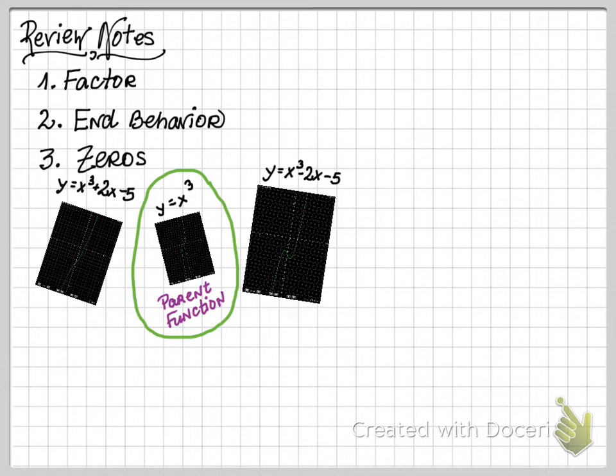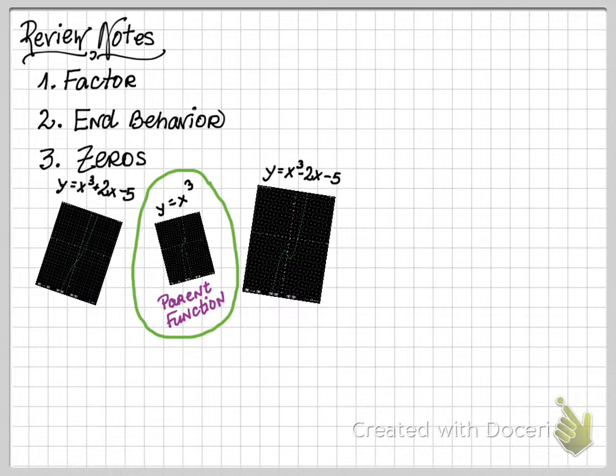No matter what kind of cubic function you have, if the very first term, the one with the largest degree, which is cubed, is positive, then you will have exactly the same end behavior: going up on the right and going down on the left.